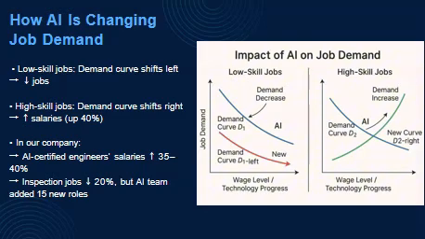This trend is already happening in our company. First, in the IT department, engineers with AI certification have had a 35 to 40% salary increase. Second, after we launched smart inspection systems on the production line, traditional inspections dropped by 20%.